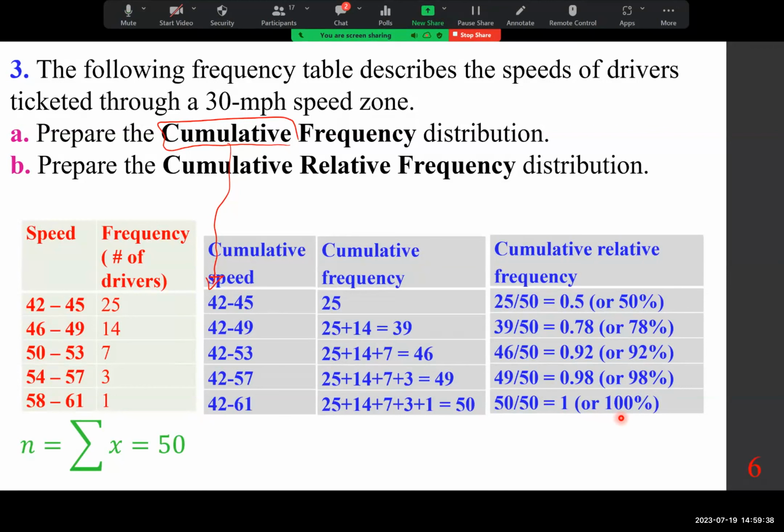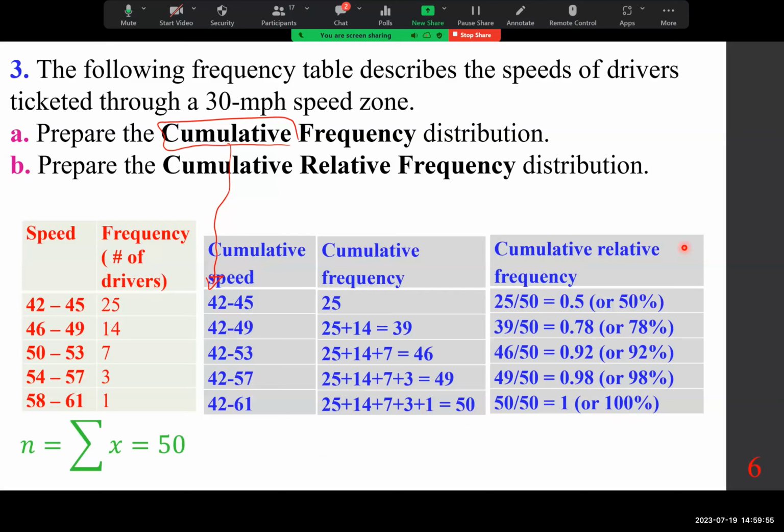So cumulative means the lower limits remain the same as the lower limit of the first class. And as far as the frequency, we add them up. So the last one must be equal to n.